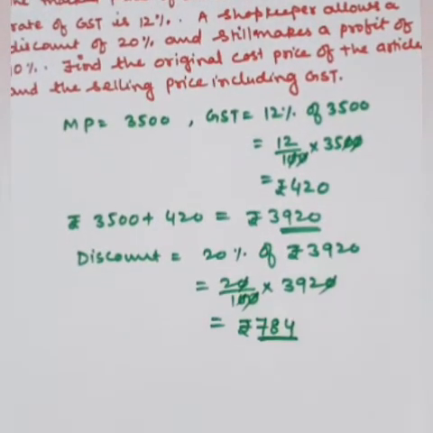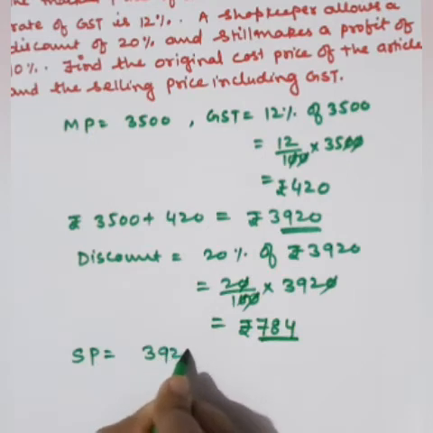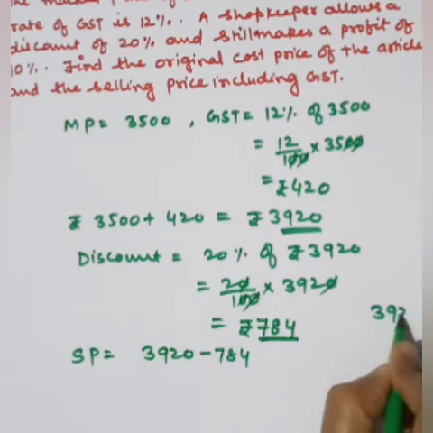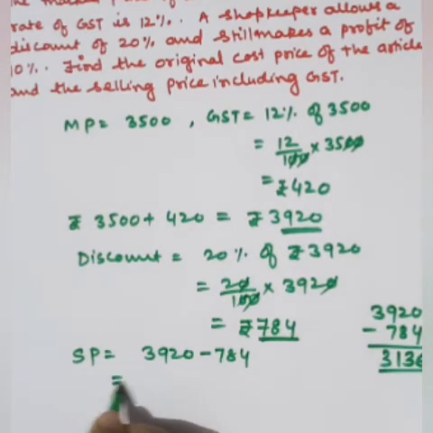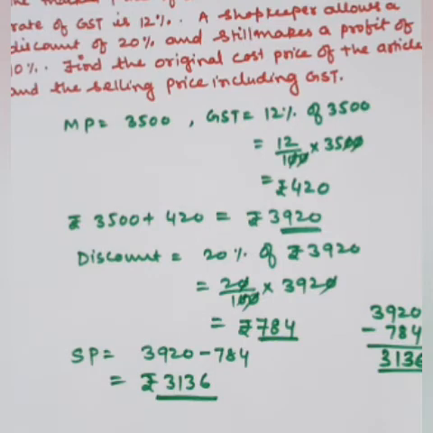So let us say SP is equal to 3920 minus 784. 10 minus 4 is 6. 11 minus 8 is 3. 8 left. 8 minus 7 1. So here rupees 3136. 3136 is the selling price of the article after including GST.